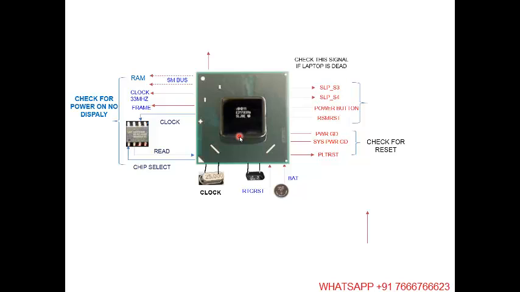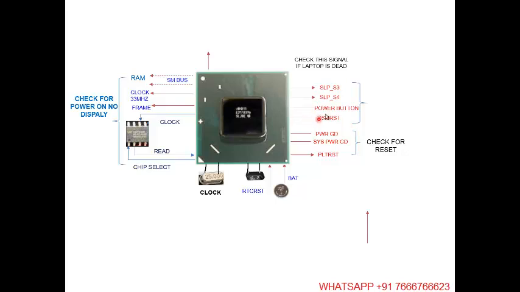Now how do we find whether the PCH is working or not? There are three sequences. Many problems can occur if the PCH is faulty. First, if the laptop is dead and not powering on, you have to check these signals: whether it is getting RSMRST and the power button signal, but still it is not turning on. Then you have to check these two signals, SLP_S3 and SLP_S4.